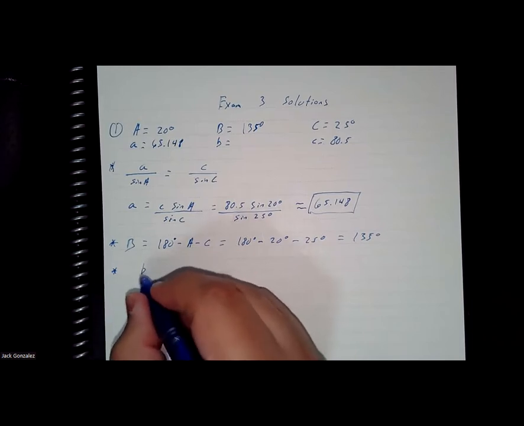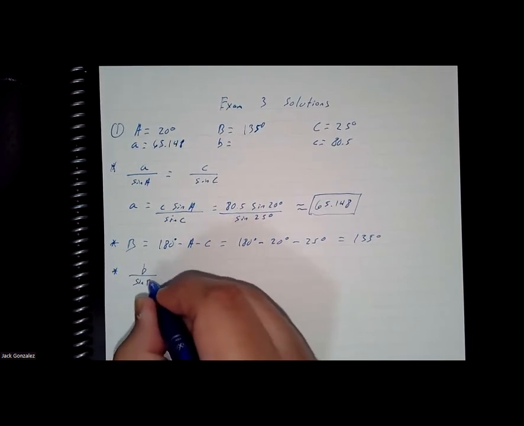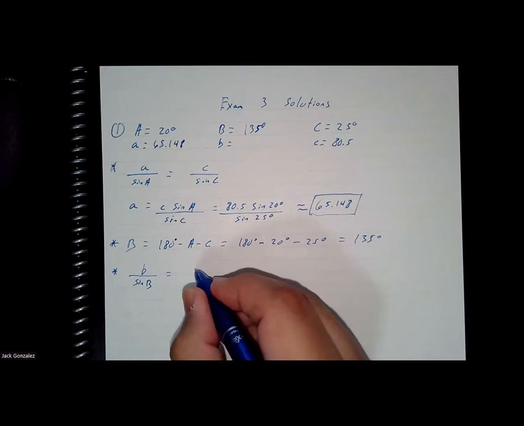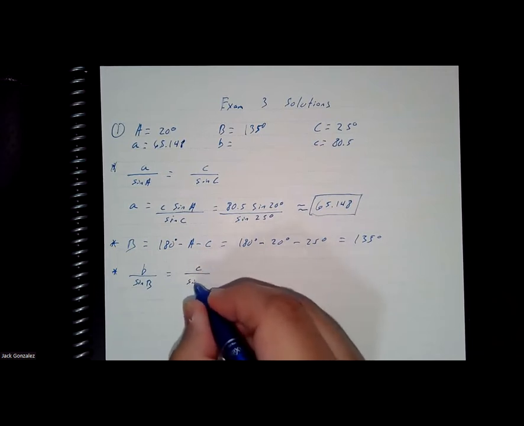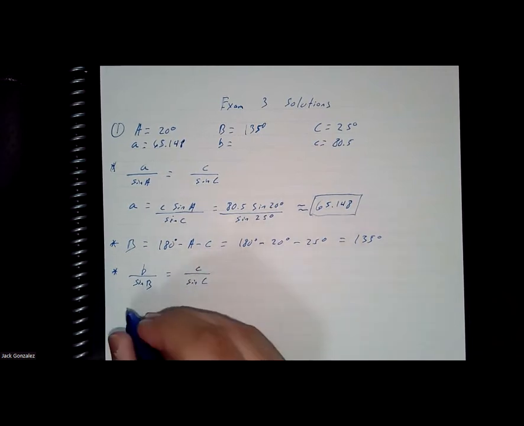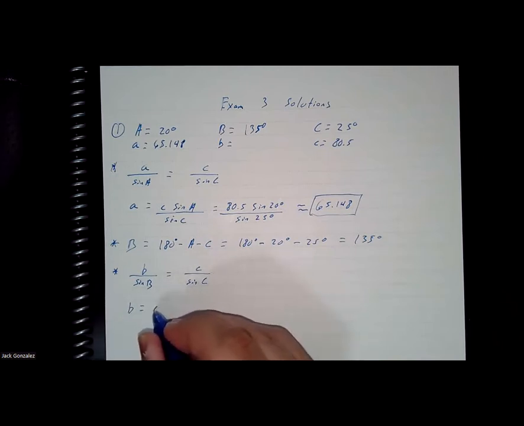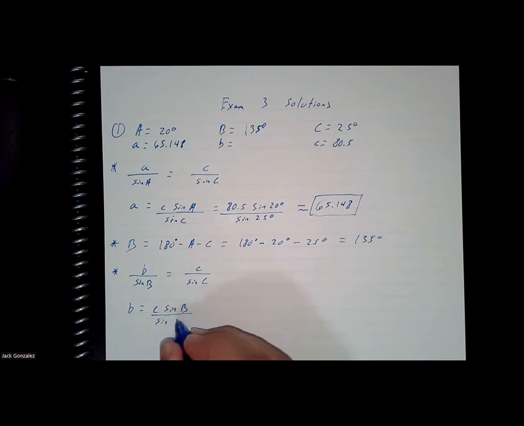So now let's do b over sine B equal to what was given, c over sine C. Solve for b. That would be c sine B over sine C.